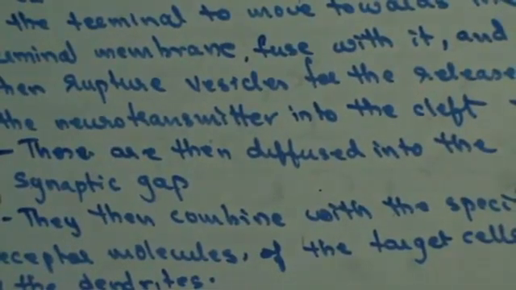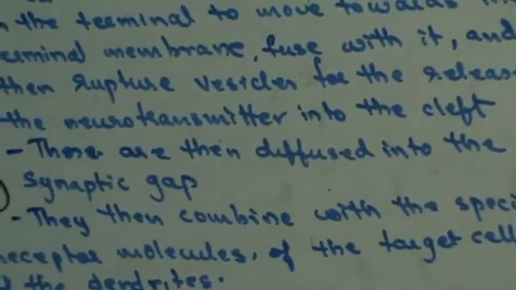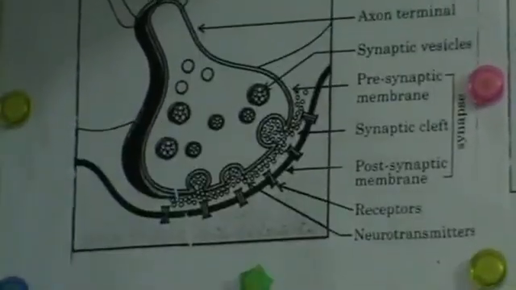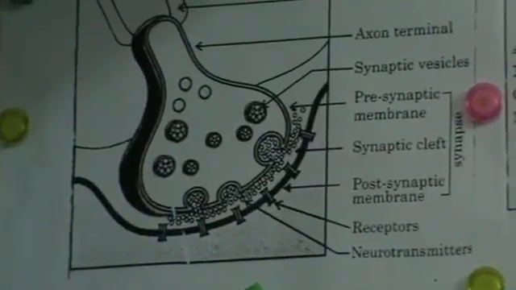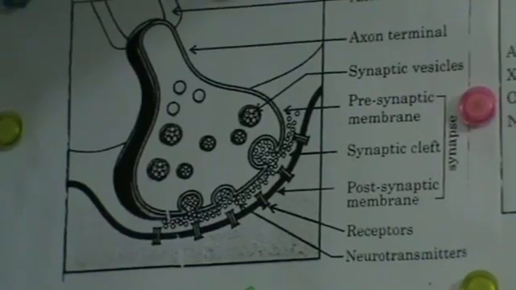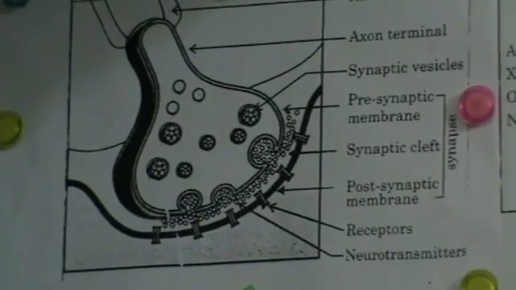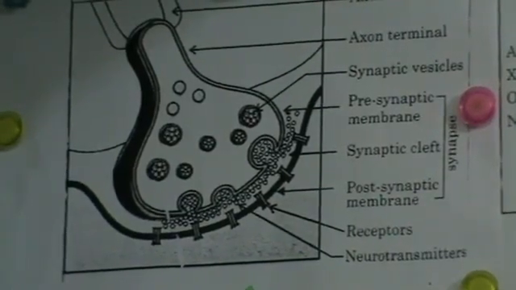Fine. Which is called the postsynaptic membrane. In the diagram, they are combining with the receptor molecules of the target cells, and that membrane, which is in the membrane of the dendrite, is called the postsynaptic membrane.